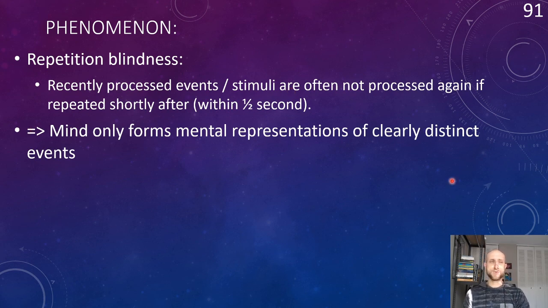Our brain tries to make things distinct, to take in information that is meaningful and unique. It's going to try to not focus on information that seems to be redundant because it wants to build a good representation, a mental representation of clear, distinct information.